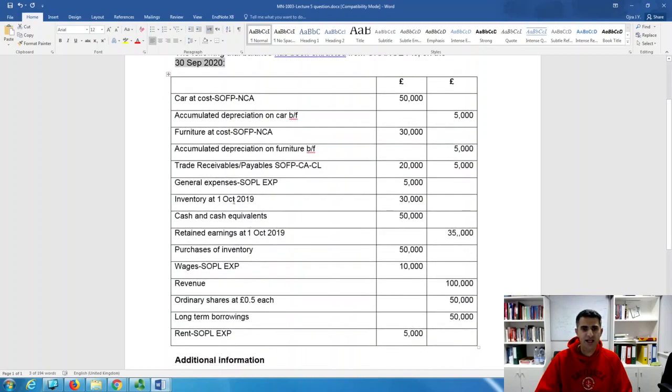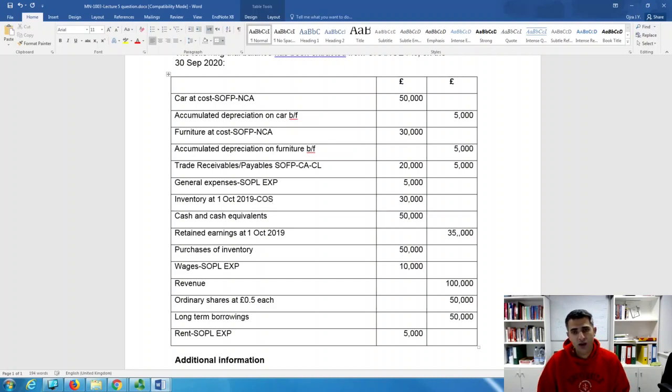This means that this is opening inventory. If you remember, we need opening inventory in order to calculate cost of sales. And cost of sales, if you remember, should be under the statement of profit or loss, and this is why we do working one on it.